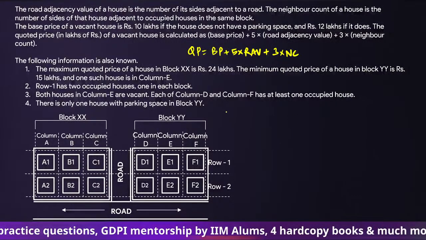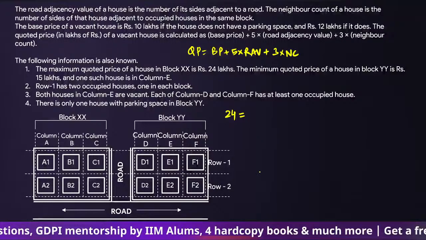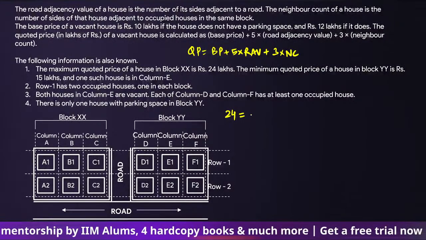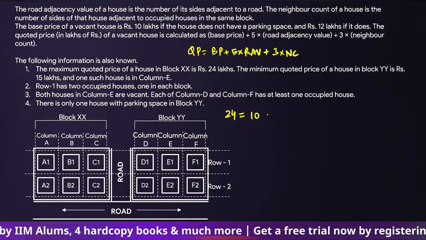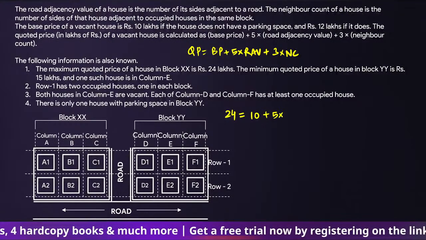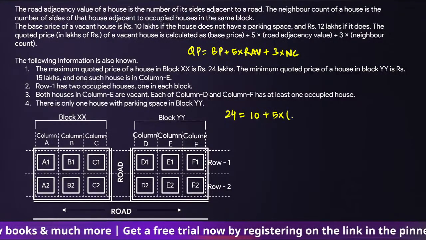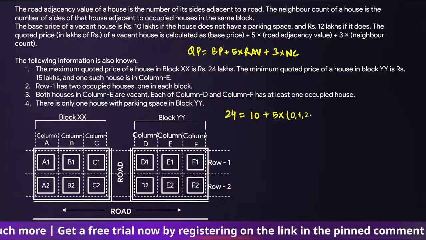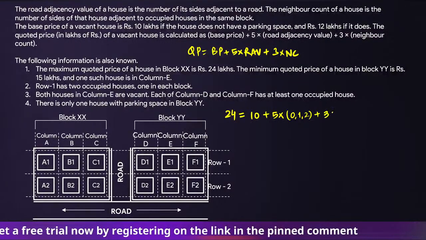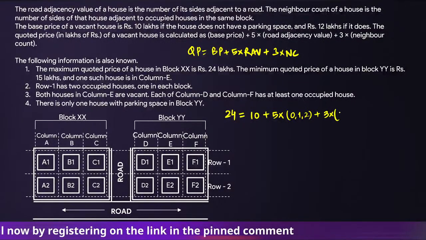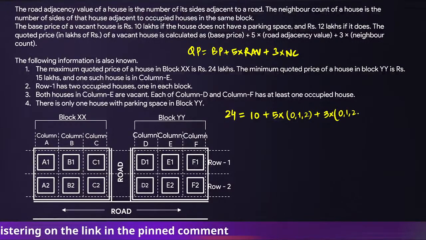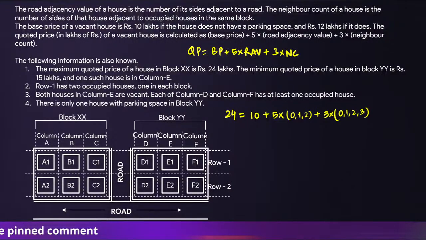So 24 lakhs हमें बनाना है. So let's start with base price as 10. Plus 5 times RAV. Now we have seen that RAV can be only 0, 1 or 2 and NC can be 0, 1, 2 or 3, right? 24 हमें इसका यूज करके बनाना है.